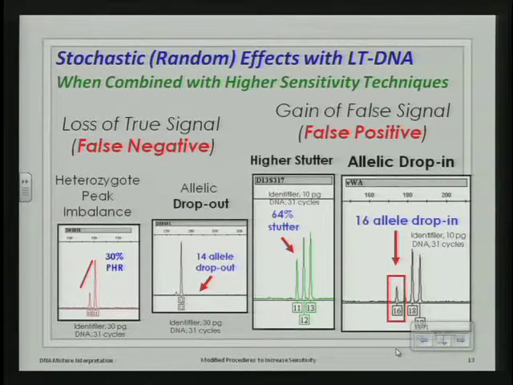So in this example on the far right, VWA, 10 picograms, 31 cycles, it's an 18-19, but this 16 allele popped up. It's not in a stutter position, which often you'll see drop-ins can mostly be explained by potentially exaggerated stutter. So this may potentially be some low-level contaminant that was present in the plasticware or the buffer system or whatever that's being amplified. It tends to be very random, very sporadic, and usually not repeatable.